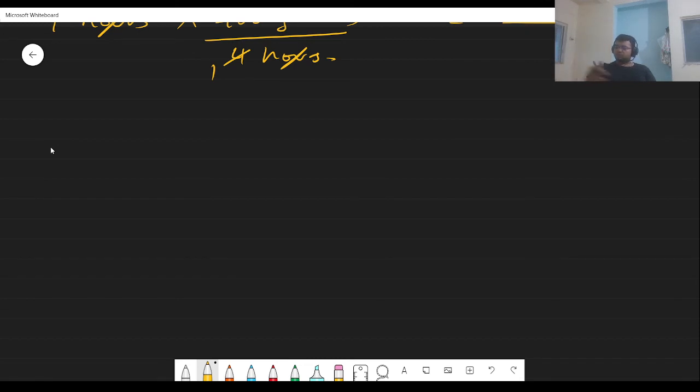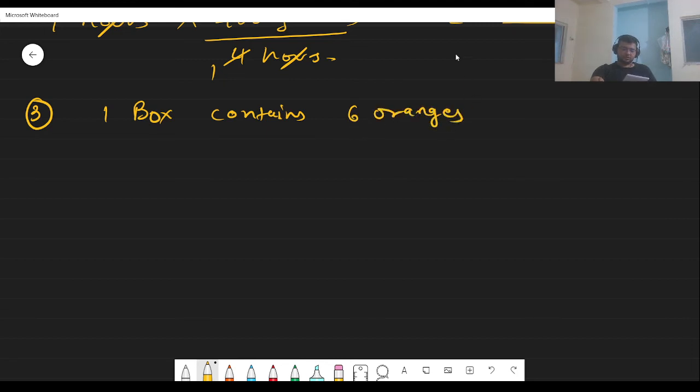Third question is somewhat easy. It is saying that one box can contain 6 oranges. Also, it is given that one orange is 20 cents.